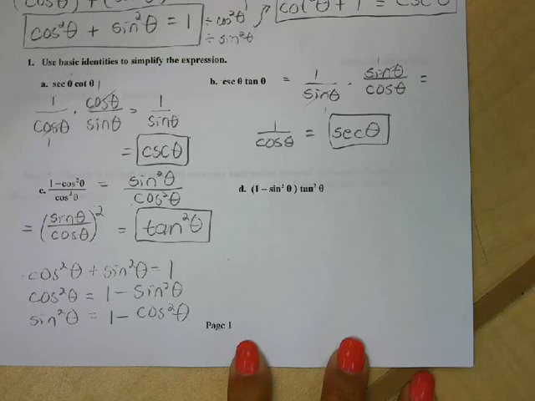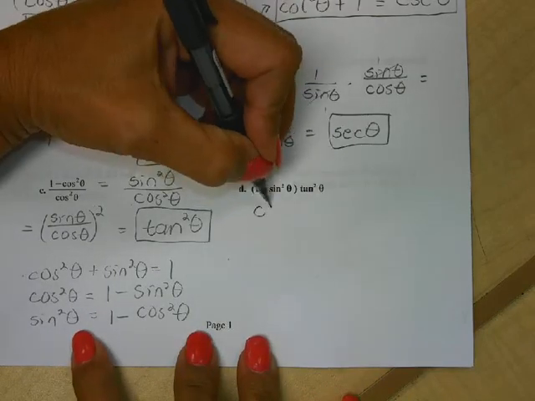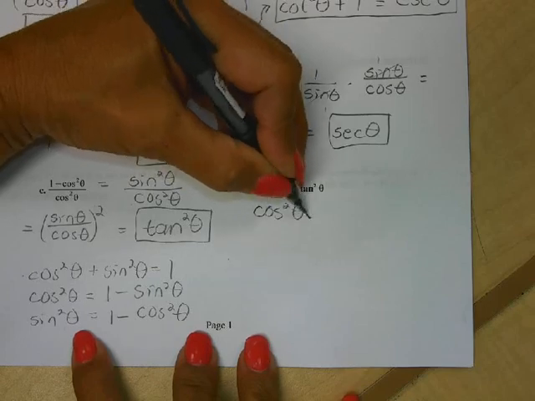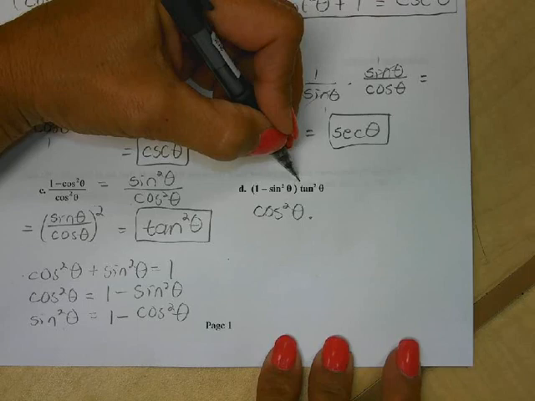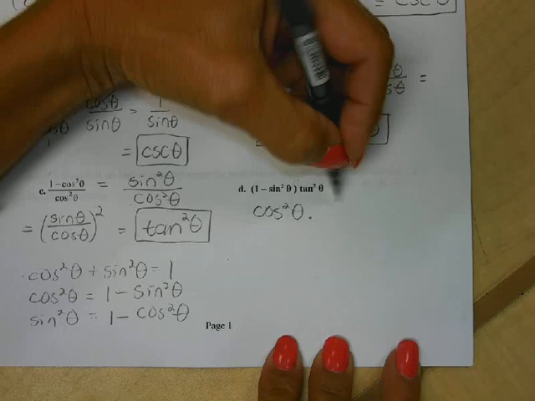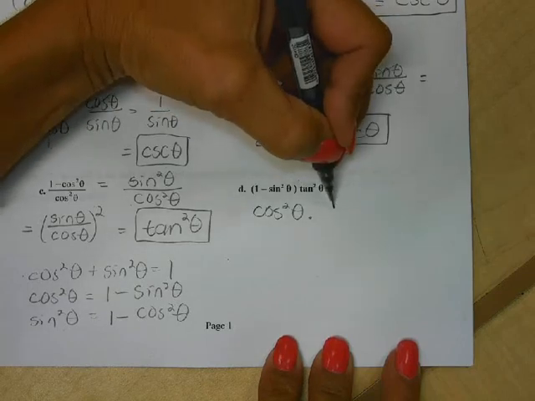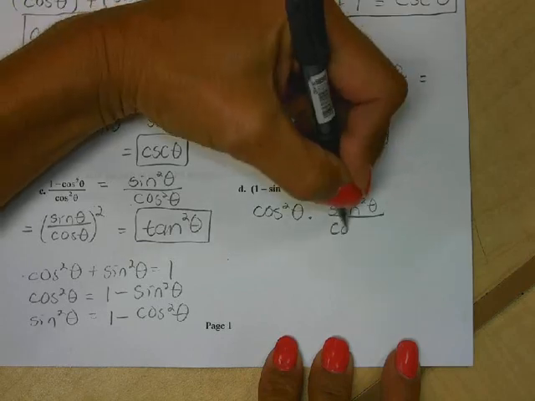Letter D, you can see a similar type of situation, where you have something you can use to substitute in place of 1 minus sine squared of theta. 1 minus sine squared of theta we know would be equivalent to cosine squared of theta. Tangent squared of theta can be written as 1 over cotangent squared of theta. However, I wouldn't have any reduction that would take place from doing that.